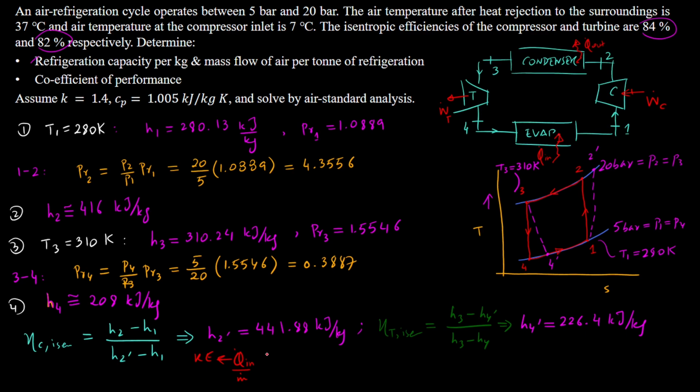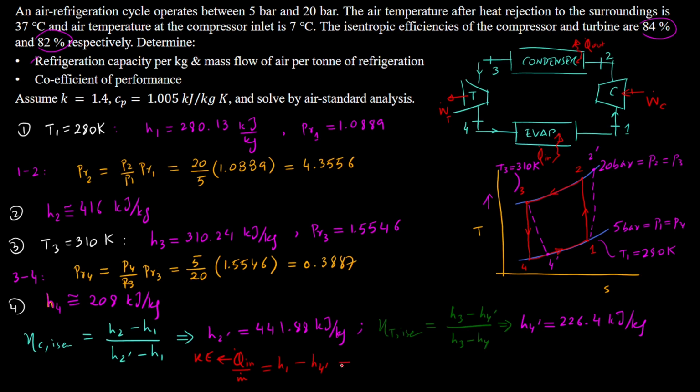Because we don't know what the mass flow rate is, we just keep it here, and that's going to be equal to, because it's between state 4 and 1, H1 minus H4 dash, not H4.